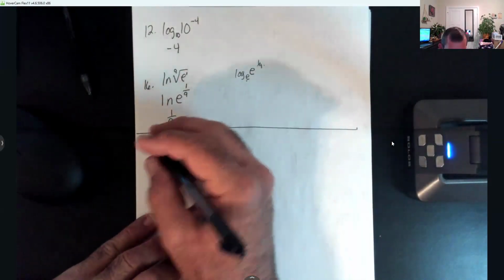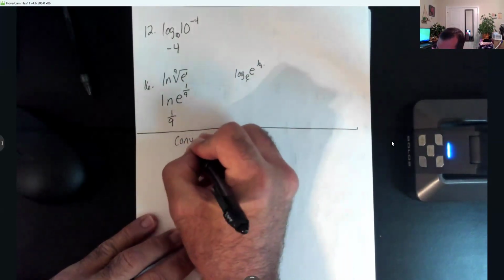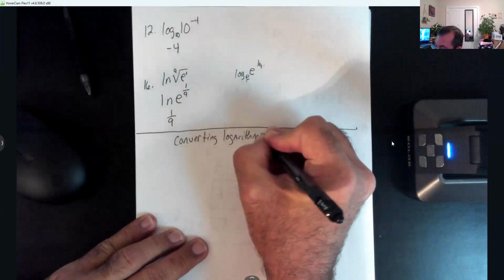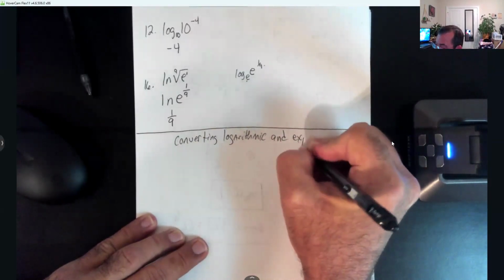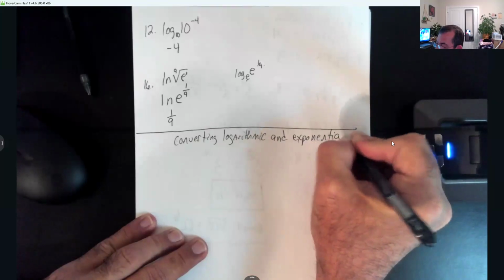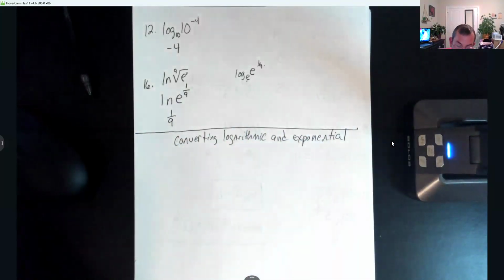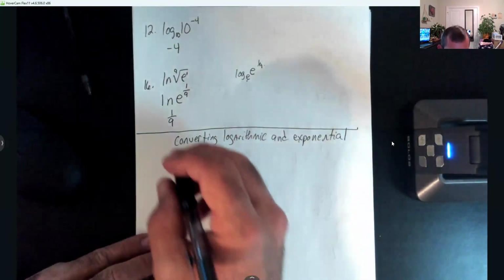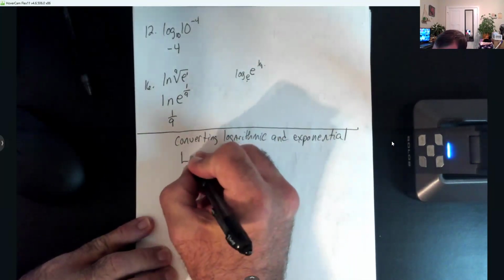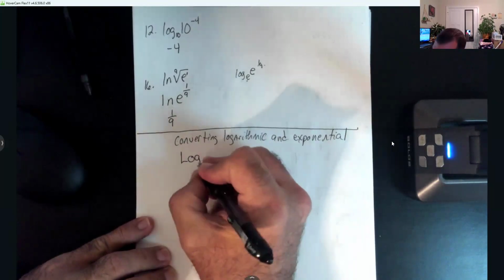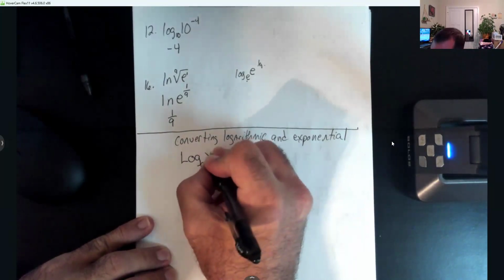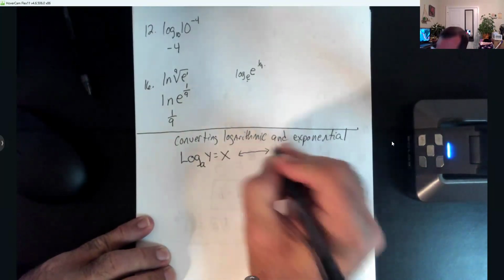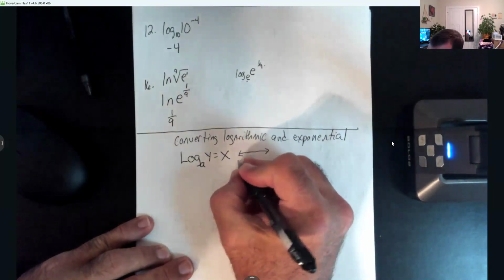So now we're going to look at converting logarithmic and exponential. We're going to convert in between these two, okay? So to do that, we're looking at this property. The log base A result Y equals X. A double-ended arrow means if and only if.